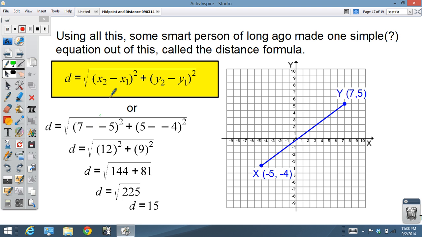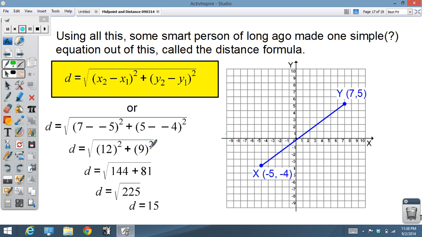Now, long ago, some smart person did all that we just did using the same logic, but simplified it into one little formula right here, the distance formula. And that looks like this. D is the square root of the difference in the x values squared plus the difference in the y values squared. And you will want to memorize this.